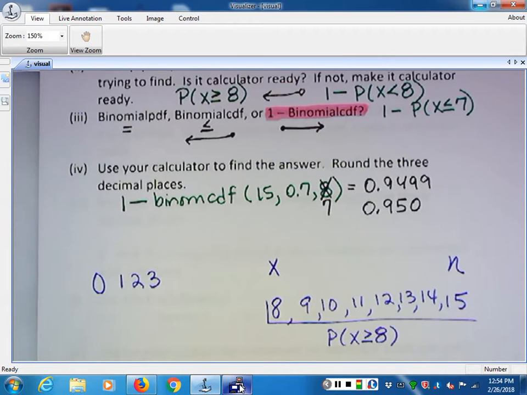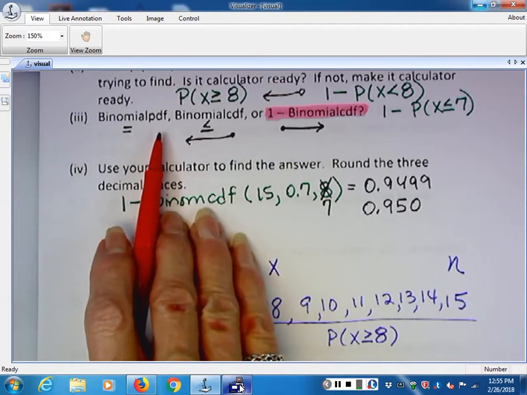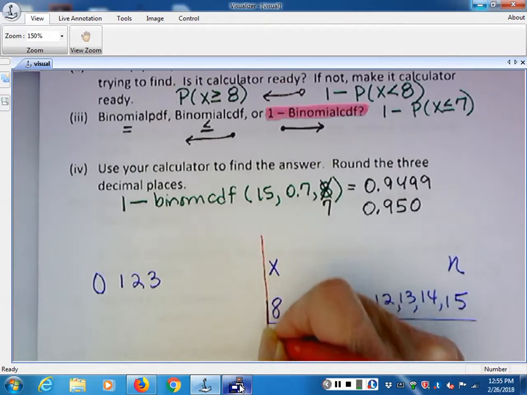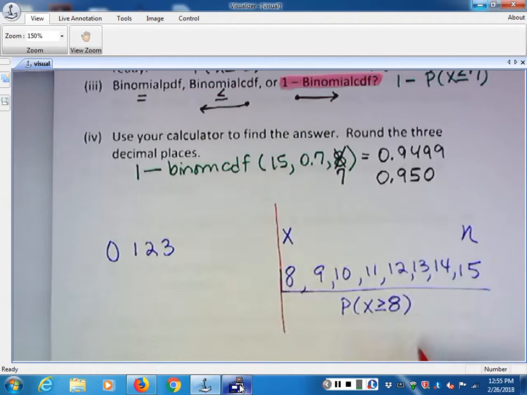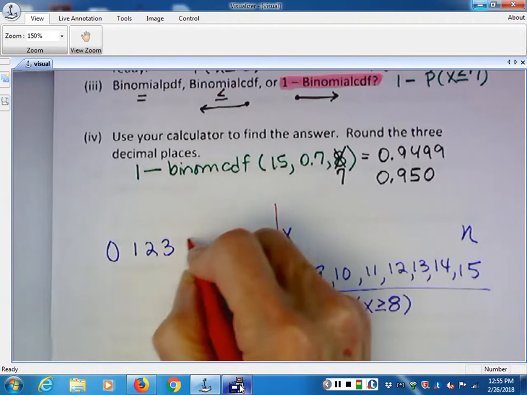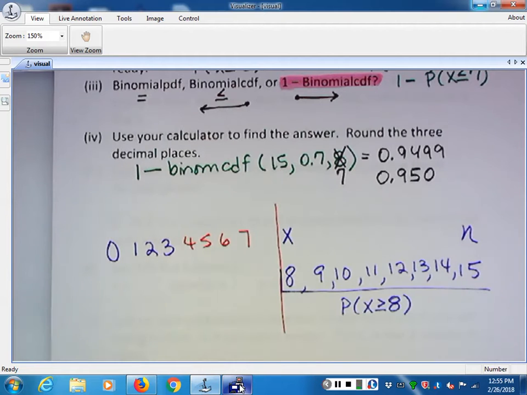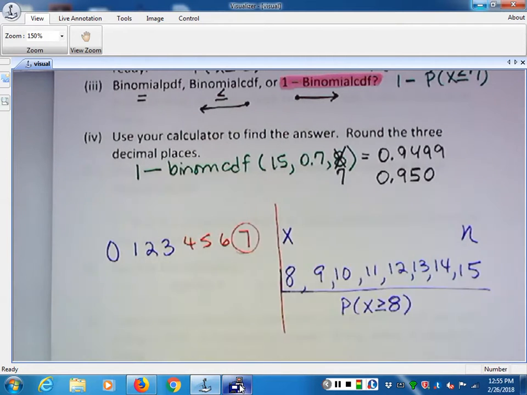But since binomial CDF is the only option we've got besides equals to, the complement of probability x is equal to or greater than 8, which is the numbers 0, 1, 2, 3, 4, 5, 6, 7, means that I have to end this part with 7.